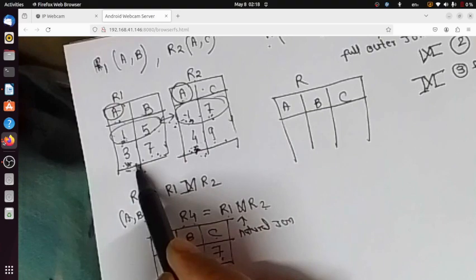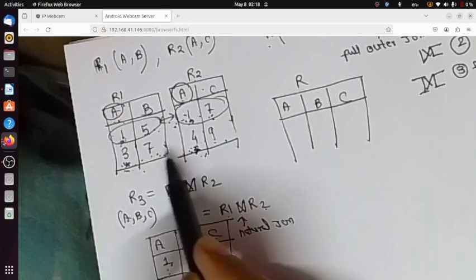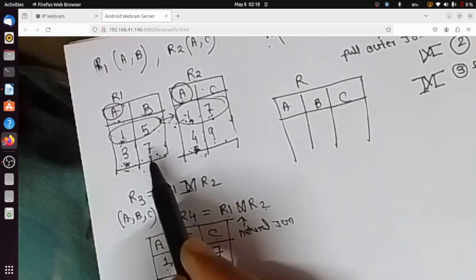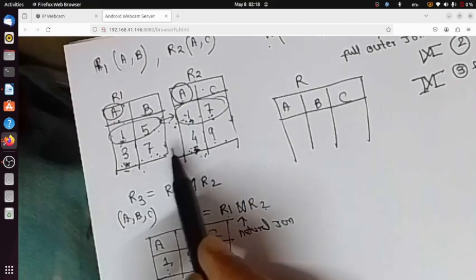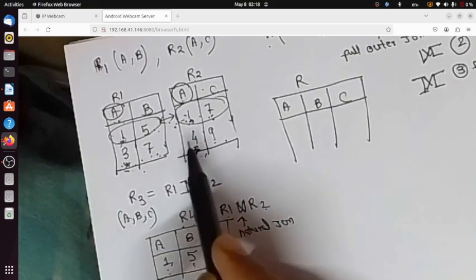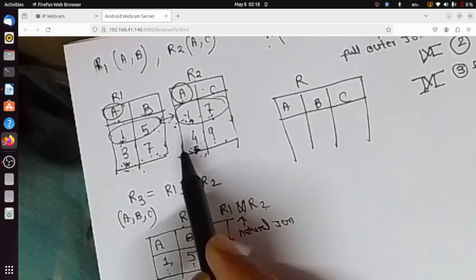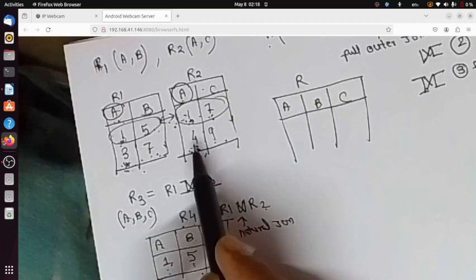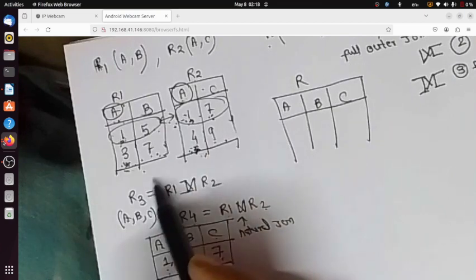For the non-matched records, there will be no combination and no result.